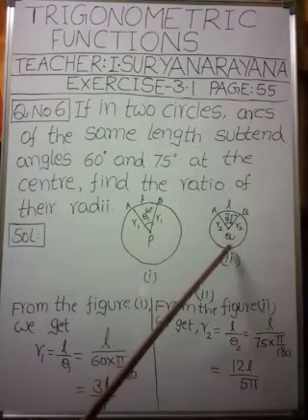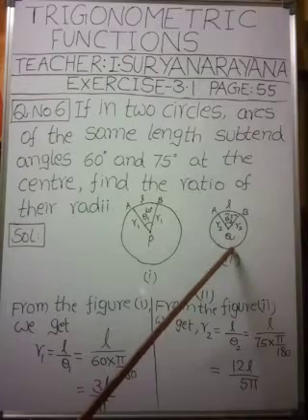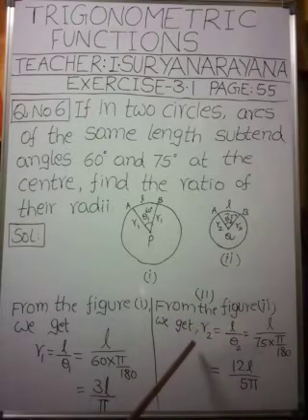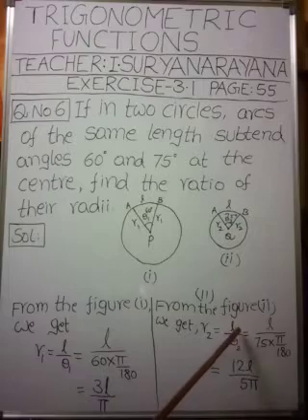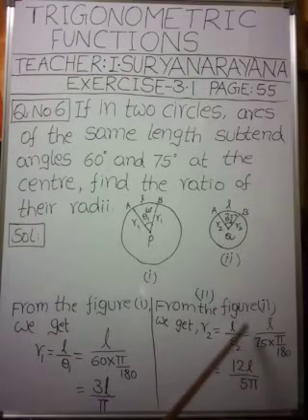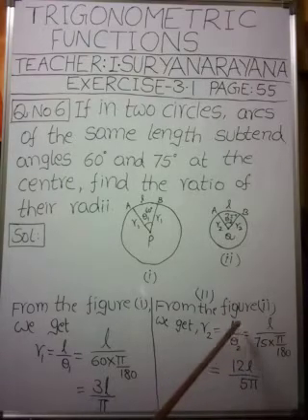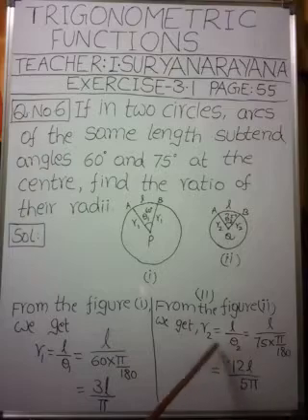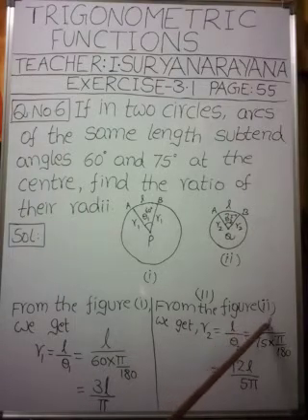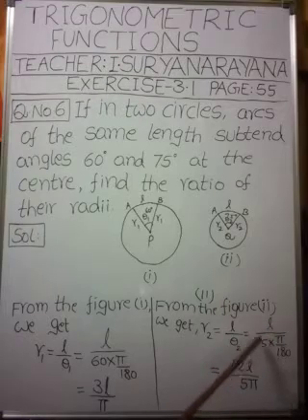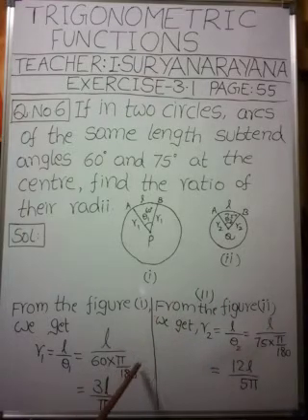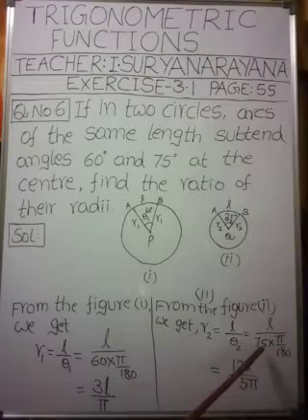Right. Now come to figure 2. From this figure, what will you get here? R2 is equal to L by theta 2. This is also the relation between R, L and theta. Okay, my children? Understood this step? Right. That is equal to L, only L, by, in the denominator, the same procedure, the same steps we have to follow here.